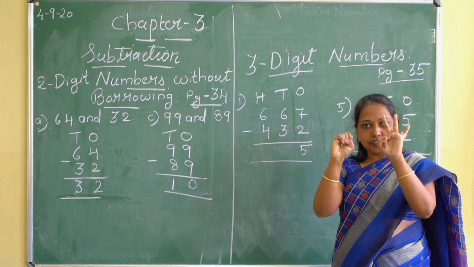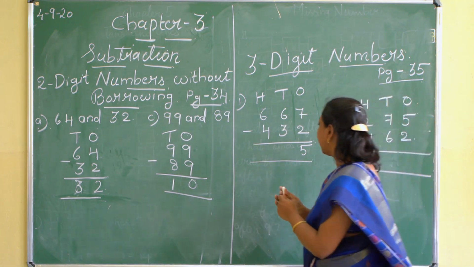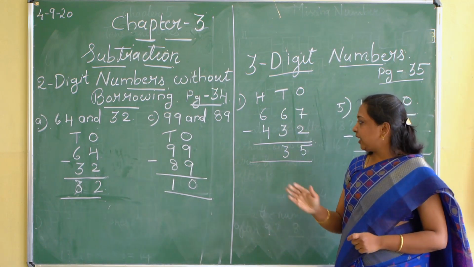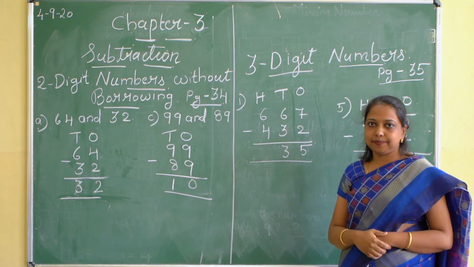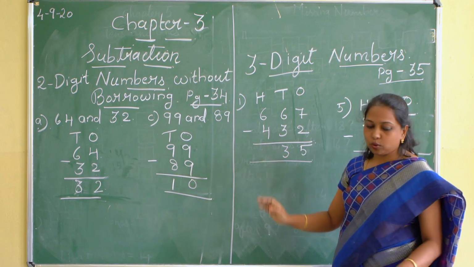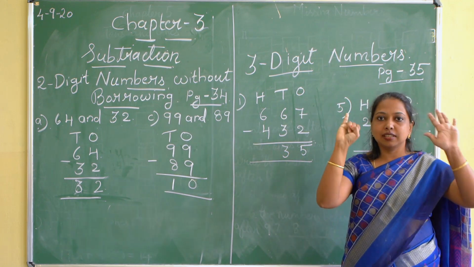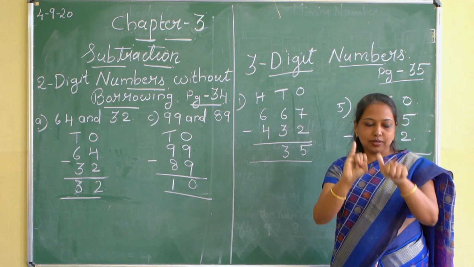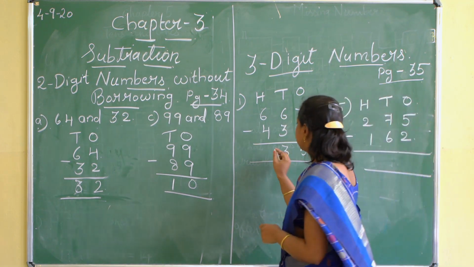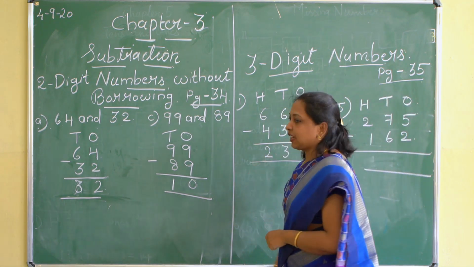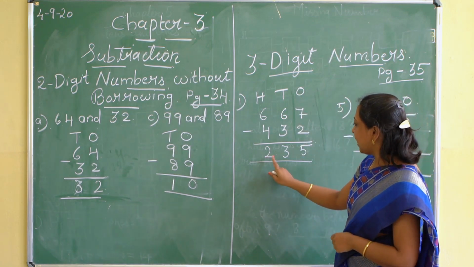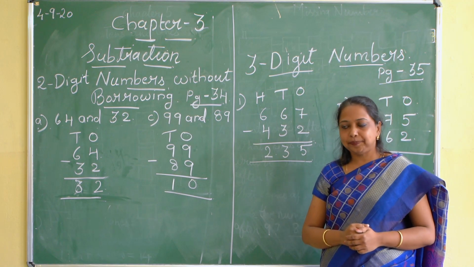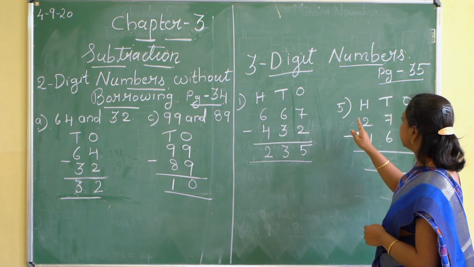You got 3. You can write 3 in the 10's place. Now we can move to 100's place. 6 minus 4. Take 6 fingers and fold 4 fingers. You got 2. Now you got the answer 235.